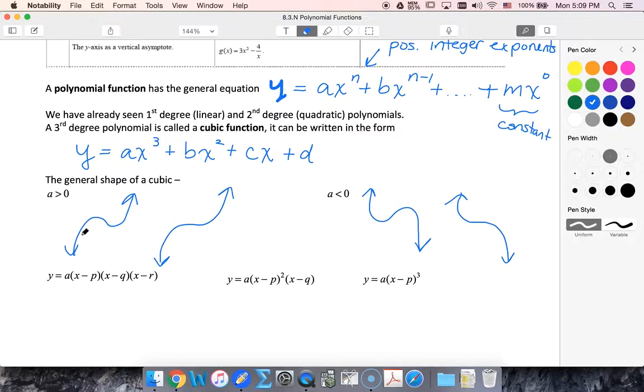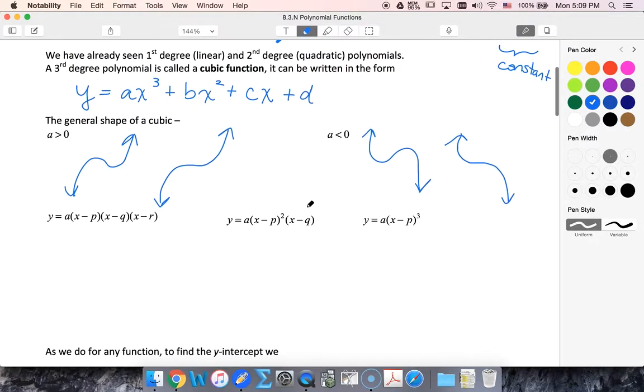Positive, this way. Remember from quadratics, if we see something that's in factored form, that's showing us our roots. So in this case, again, if a was positive, it would point something like this.